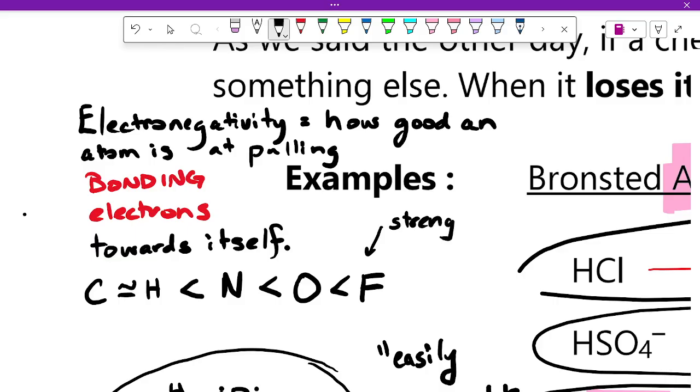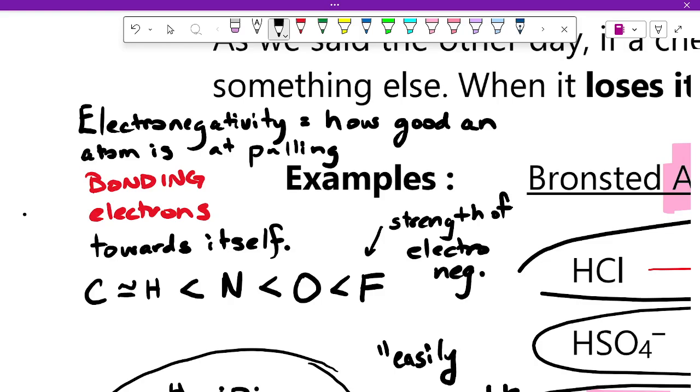This is our strength of electronegativity. There is a trend: the further right you go on the periodic table, the more electronegative it becomes. The further up you go on the periodic table, the more electronegative it becomes. So if we look on our periodic table, who is the furthest up and to the right?